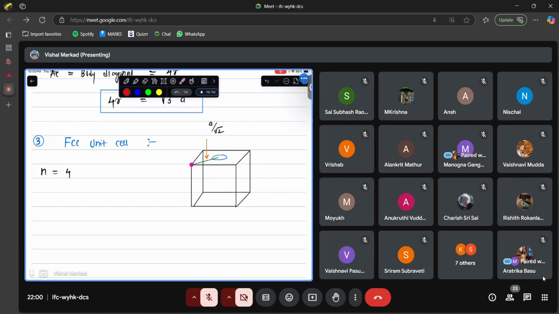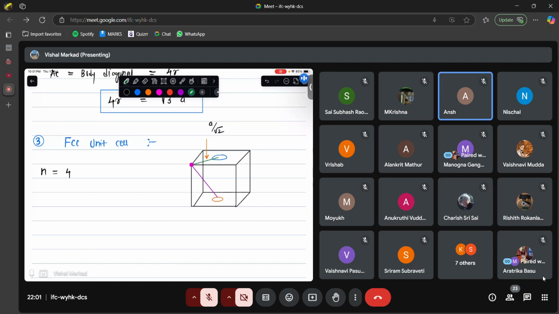Okay, we'll see the nearest one directly. Now from here, this is which one? FCC. So where will face be there? Here also face is present, right? Now here, what will be the distance? What can be the distance?